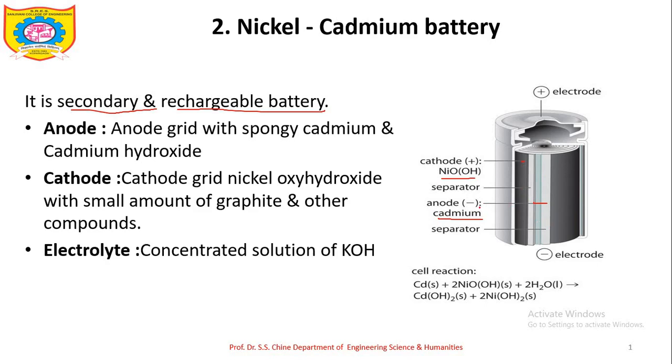So, this anode and cathode are dipped into the electrolyte, that is potassium hydroxide, and all these are fixed into one container. So the electrolyte used is a concentrated solution of potassium hydroxide.